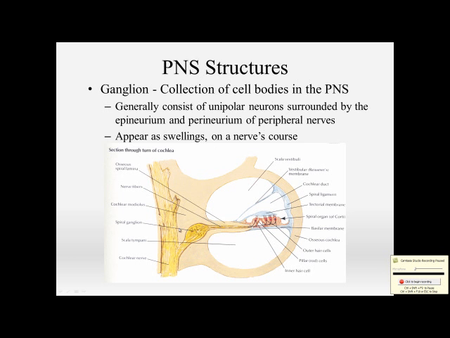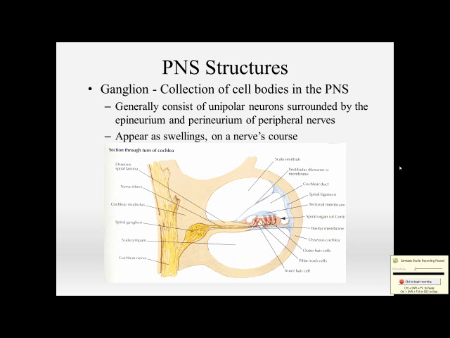And then next we skip down here and illustrated, highlighted this collection of cell bodies, sort of like a little swelling. In this case, it's in the inner ear, in the cochlea itself. This brown area here is actually bone, the bone of the skull, and you can see how this swelling kind of sits in the bone and serves almost as a little way station or a point of contact between thousands of nerve fiber bodies, nerve cell bodies.